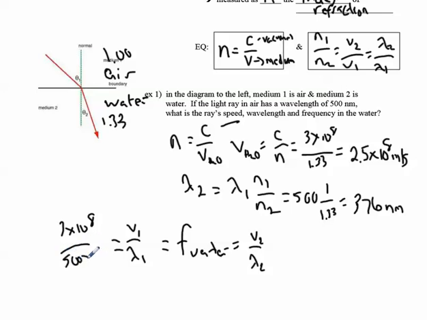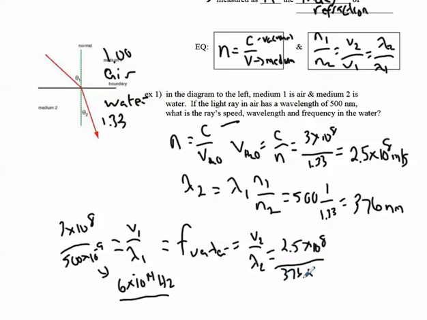Here I do have to convert the nanos, times 10 to the negative 9th, and I will get, I believe, 6 times 10 to the 14th hertz. You can double check that for yourself. You could verify it using this equation where we have 2.5 times 10 to the 8th divided by 376 times 10 to the negative 9th, and we should get the same answer.